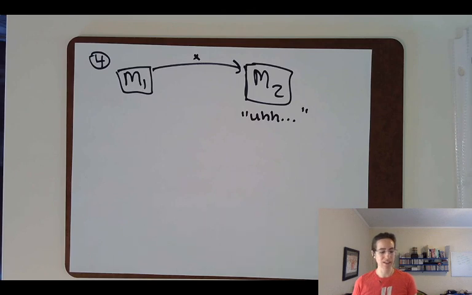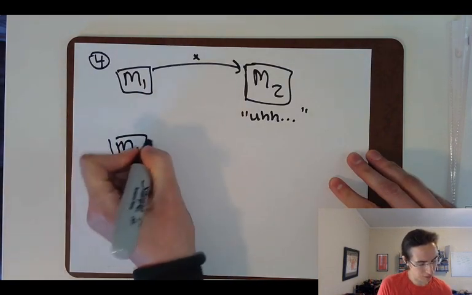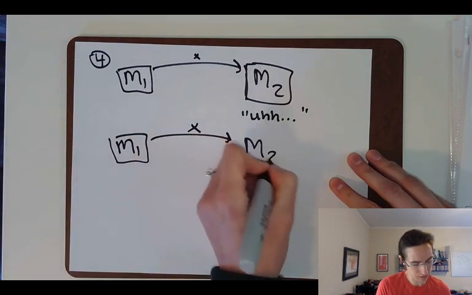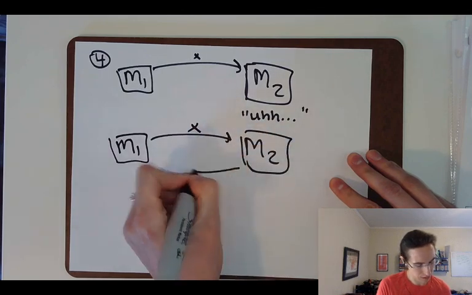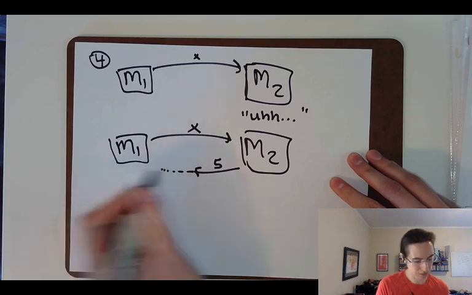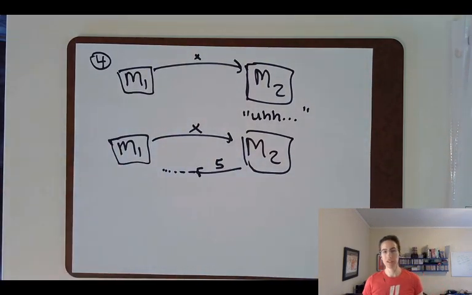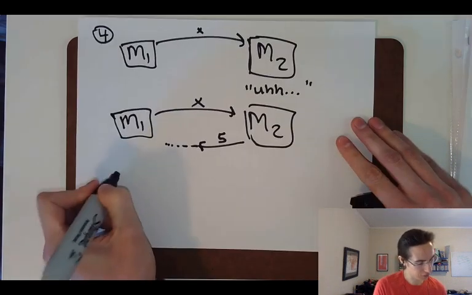And in that case, maybe M1 decides that it's never going to get a response from M2. So that's another issue. Or then maybe M2 actually sends the response, right? But this time, the message is slow. And so M1 never actually gets the response, or the message gets lost.